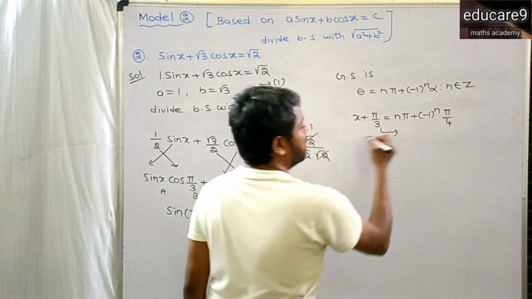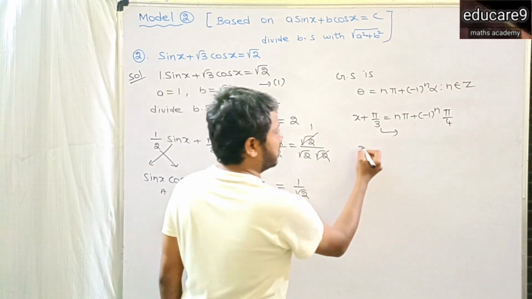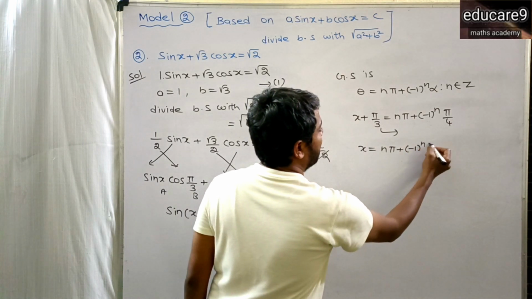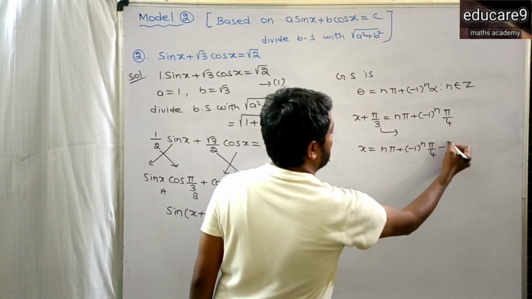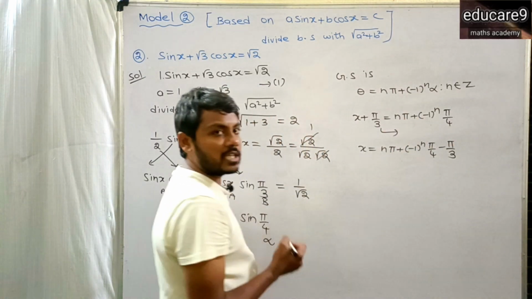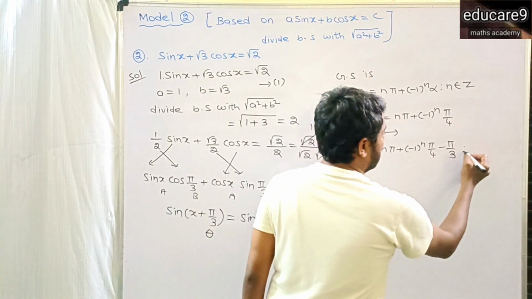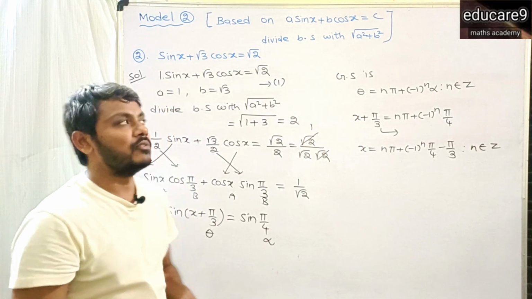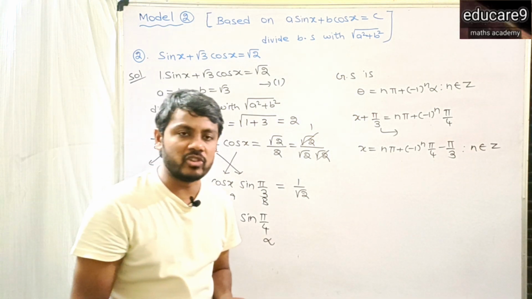So we can send pi by 3 to the right hand side. It becomes x is equal to n pi plus minus 1 whole power n into pi by 4 minus pi by 3, where n belongs to z. So this is the general solution for the given trigonometric equation.